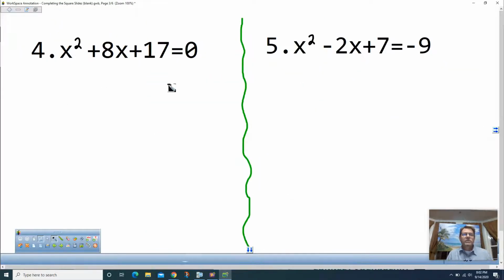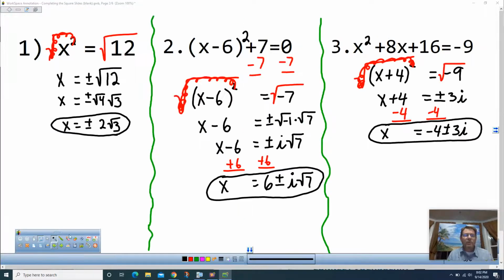Okay. So like this one here. So, there's that 8 again. And if that was a 16 instead of a 17, I could factor it, couldn't I? So I need this to be a 16, not a 17. So at this point, there are 2 different ways that people go about completing the square.